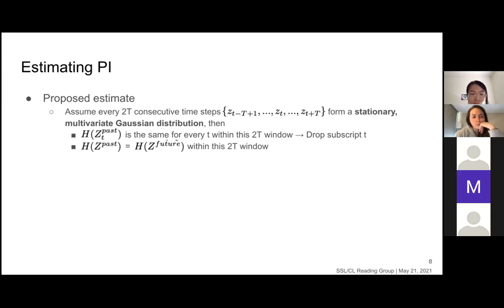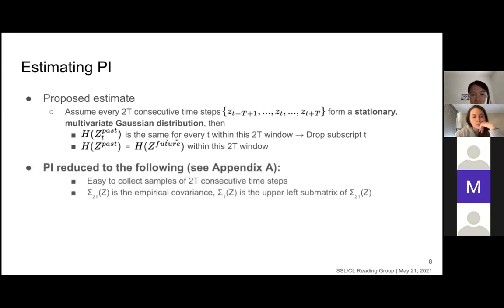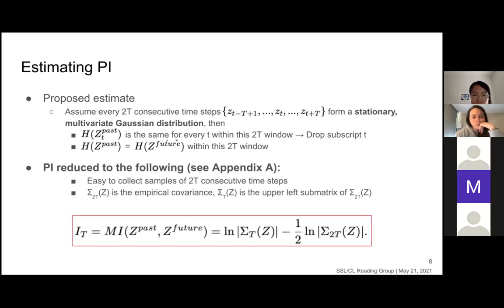So this gives us a pretty nice simplification of the PI. Under this assumption, the PI is basically reduced to this formula, where sigma 2T is the empirical covariance of the 2T time window, and sigma T is basically the upper left submatrix of sigma 2T. There's a detailed derivation of this formula, so if you're interested, you can refer to Appendix A of this paper.